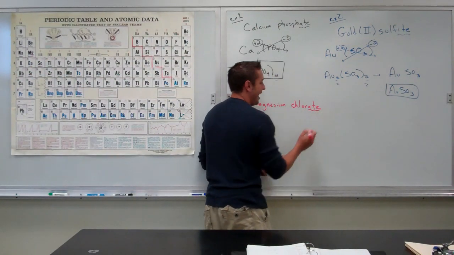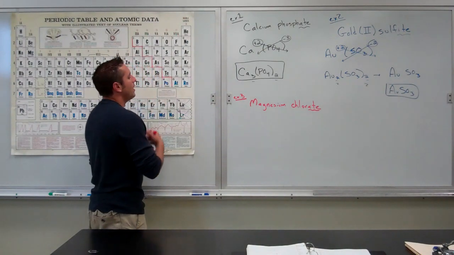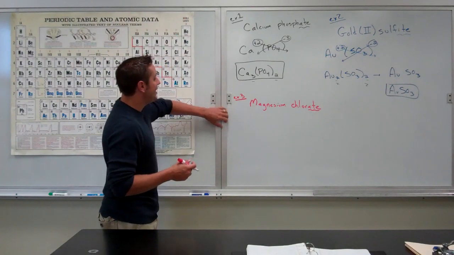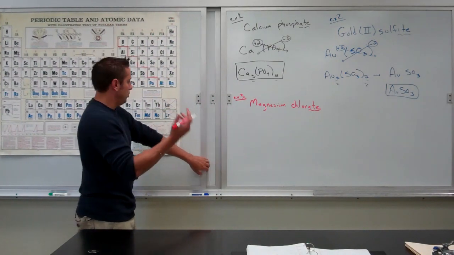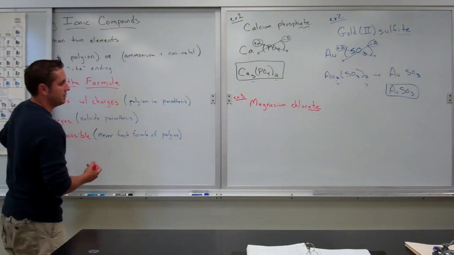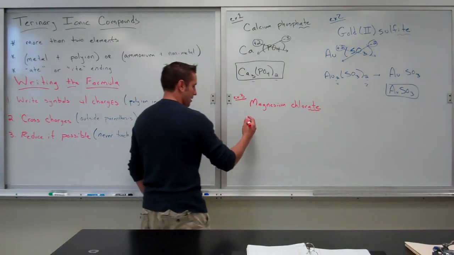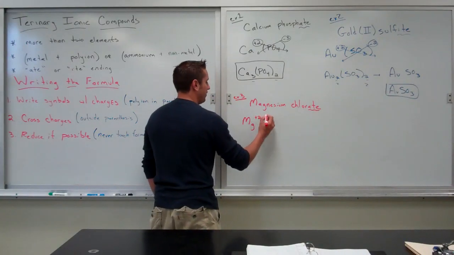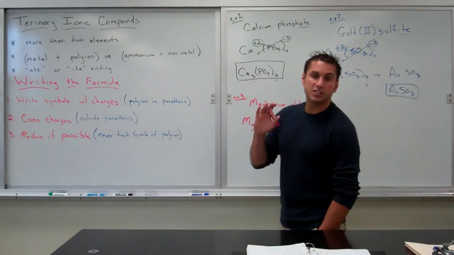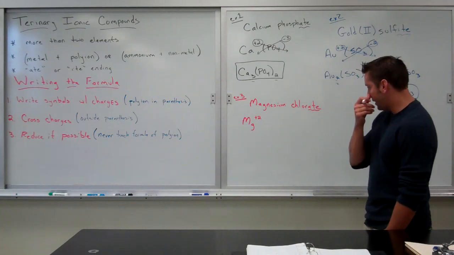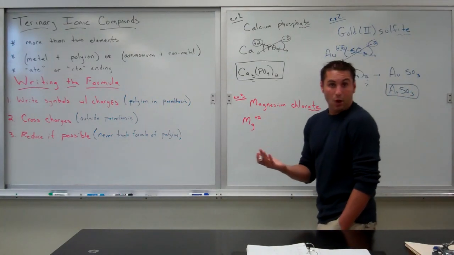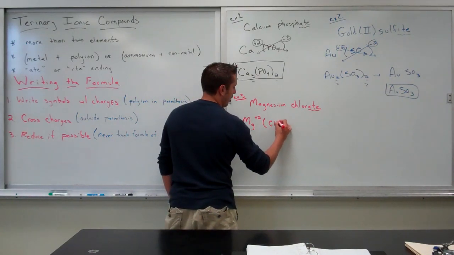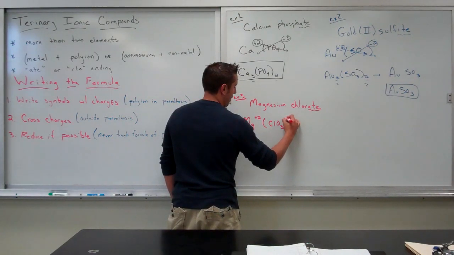Chlorate ends in ATE, right? And because it ends in ATE, that means there's a polyion. So anytime we realize it's ionic, all we do is symbols and charges and cross them down. Right? So magnesium, as we said, is Mg, and it gets a charge of +2, because it's from group 2 on the periodic table. Chlorate is a polyion that you will have to know. Chlorate is ClO3 -1.